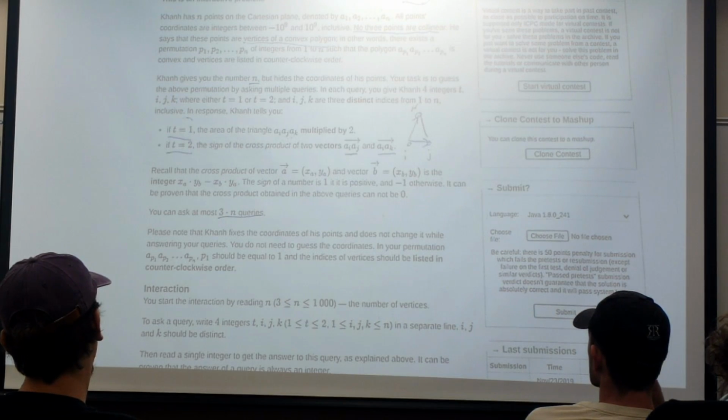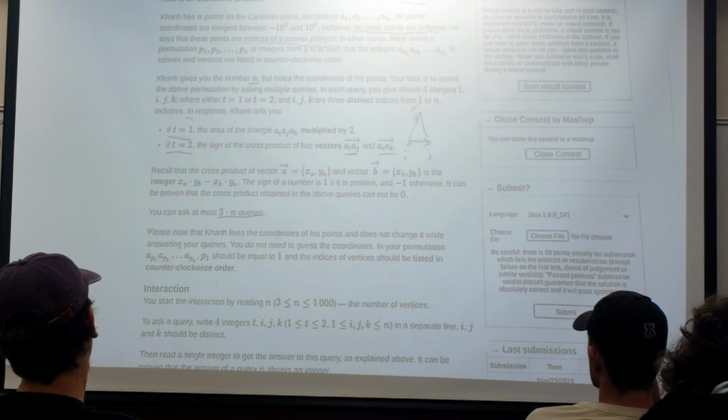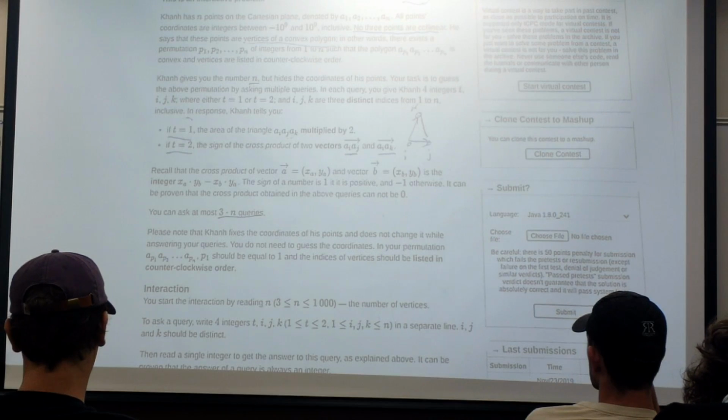So how can we get started with this one? Well, if we just take a single point, we know that the counterclockwise order of the polygon will be the same as the order of the angles between that point and each of the other points, because it's a convex polygon.